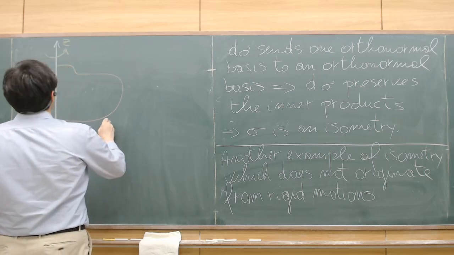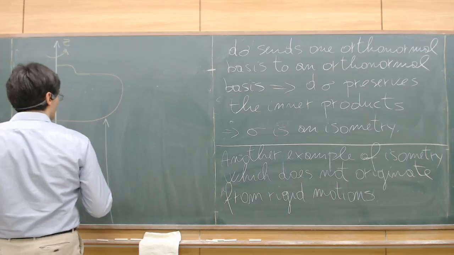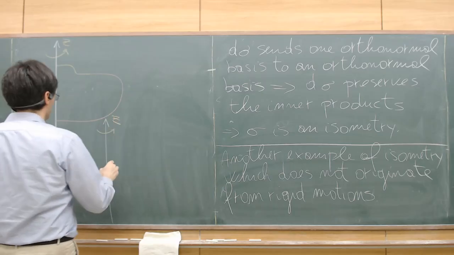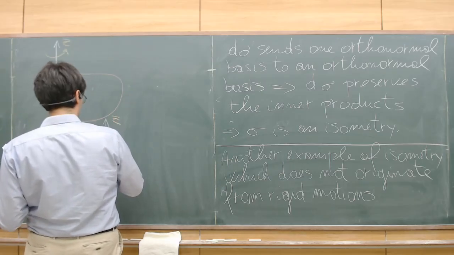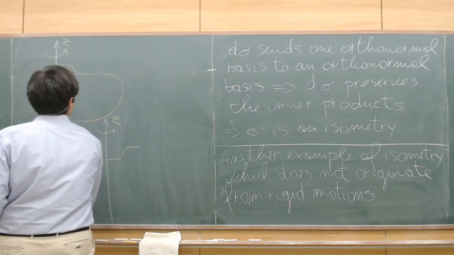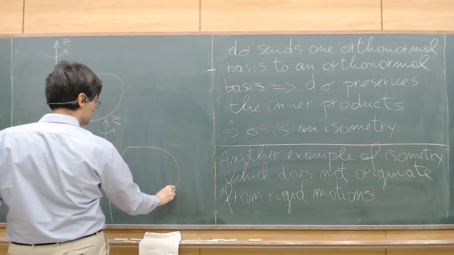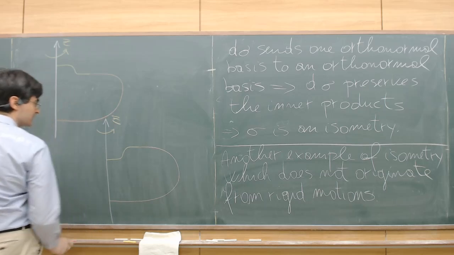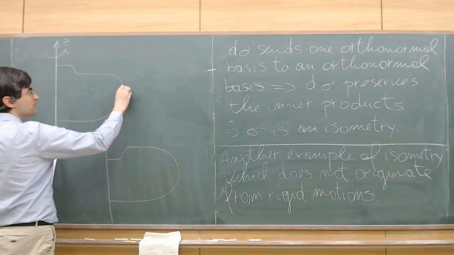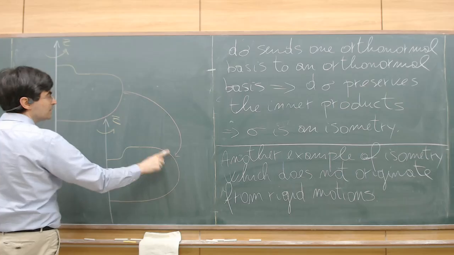And consider the surface of revolution which you obtain by revolving always around the z-axis of this curve. This red part is exactly the same as this one.